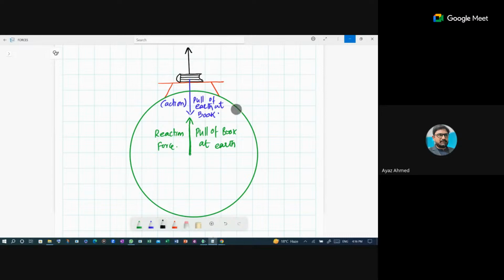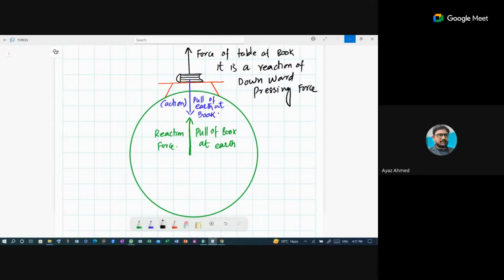This is the force of the table on the book. It is a reaction to the downward pressing force. I can name this a pressing force, although it is not exactly a pressing force.